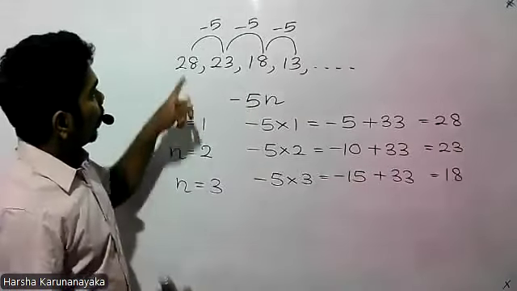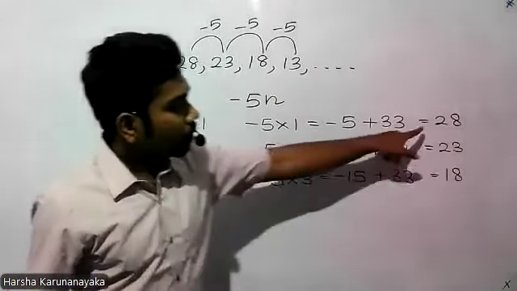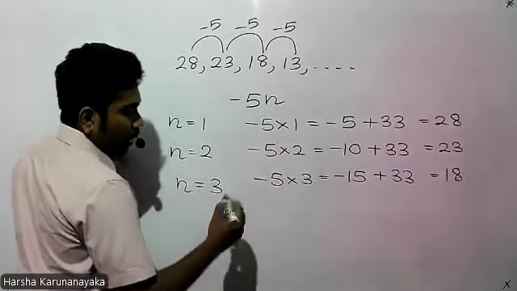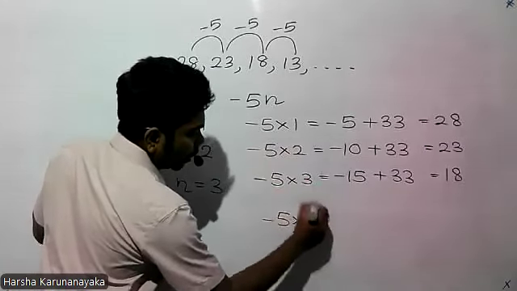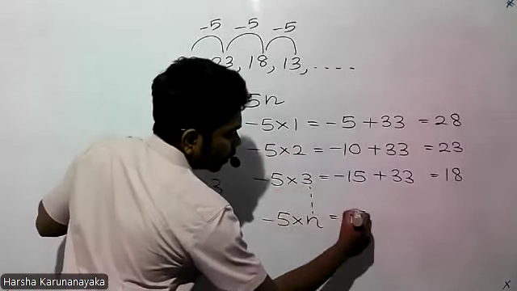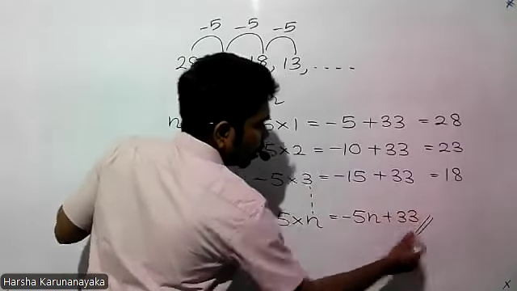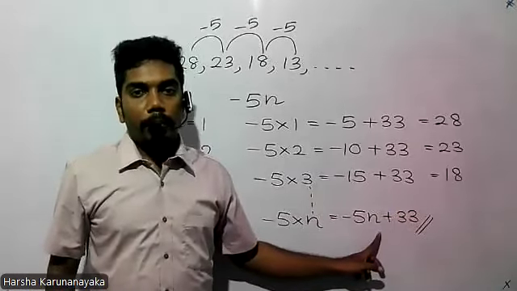So we get the first term, second term, and third term like that. So now we get the general term: minus 5 into n, minus 5n plus 33. This is the general term of this number pattern.